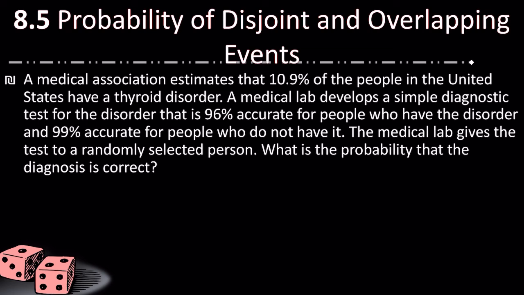All right, this sounds rather complicated. Let's make a tree diagram. We have all our people, and then we have those with the disorder and those without. With it is 10.9%, so that means without must be 0.891. So just take 1 minus the 0.109, or 100% minus the 10.9%, and that gives you the 0.891.